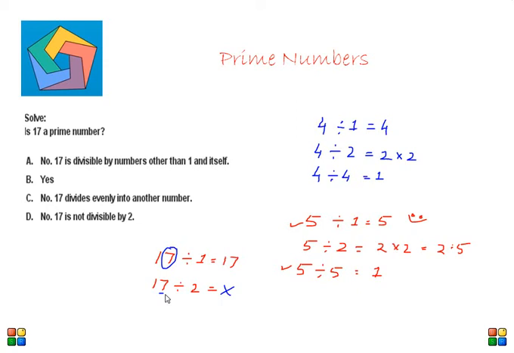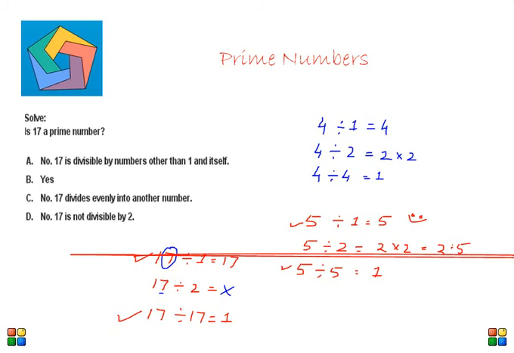So this shows that 17 is not an even number. It will be a prime number because it is divisible by 1 and the number itself. So that makes sense, and now we have to check the correct answer.